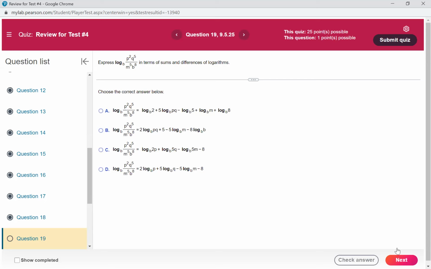All righty. 19, this is the big one. That's why I told y'all to put a star by this one in your homework. Log base B of a p squared q^5 over m^5 b^8. All righty, y'all.